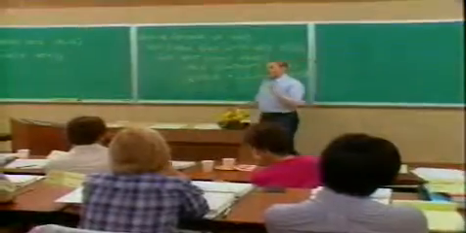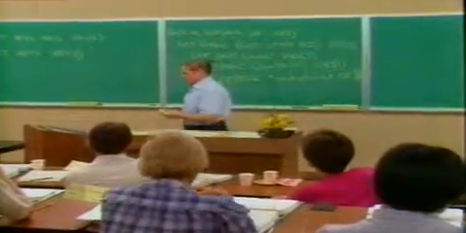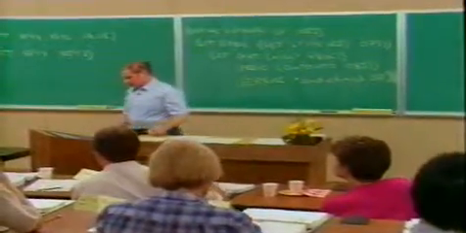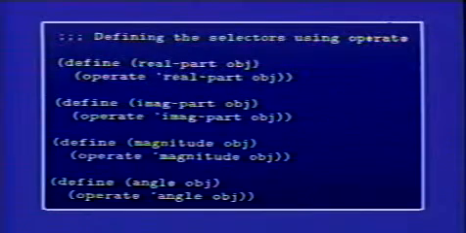Okay? And that replaces the manager. How do we really use it? Well, what we say is we'll go off and define our generic selectors using operate. We'll say that the real part of an object is found by operating on the object with the name of the operation being real part.